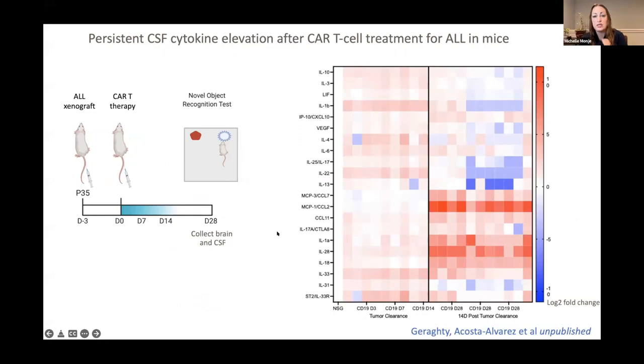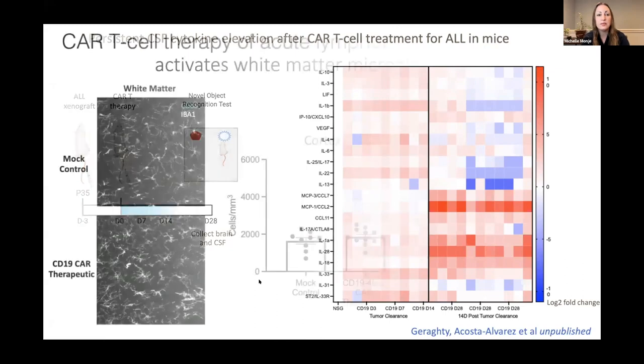And just like I recently described for SARS-CoV-2 infection, we see really prominent neuroinflammation in these mice in the CSF, elevated CSF cytokines following the clearance of the tumor. And I want to point out that leukemia is a fairly inflammatory state to begin with, and CSF cytokines are elevated at baseline, then further elevated following clearance of the tumors by CAR T cells, including, just highlighting it again, CCL11.